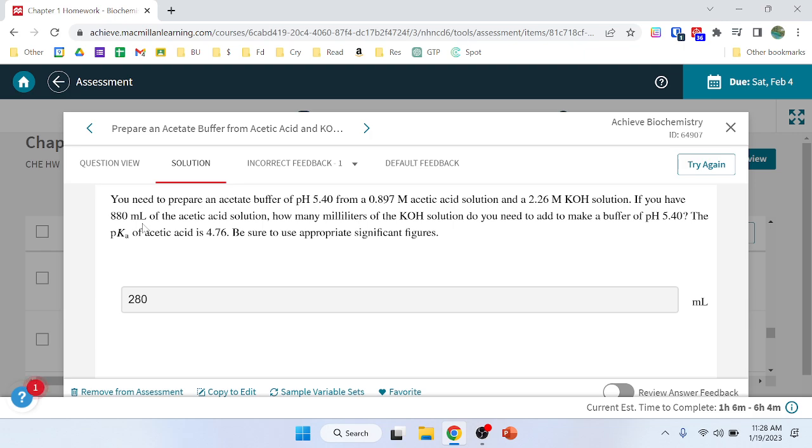That first number was 4.365. Okay. And then we take that 0.897 times 880, and that would give us 789.36 millimoles of acetic acid.